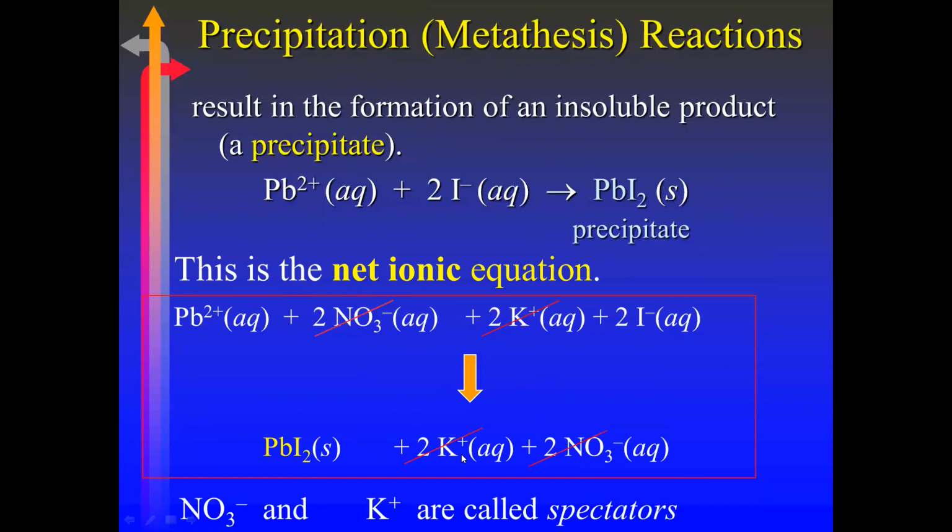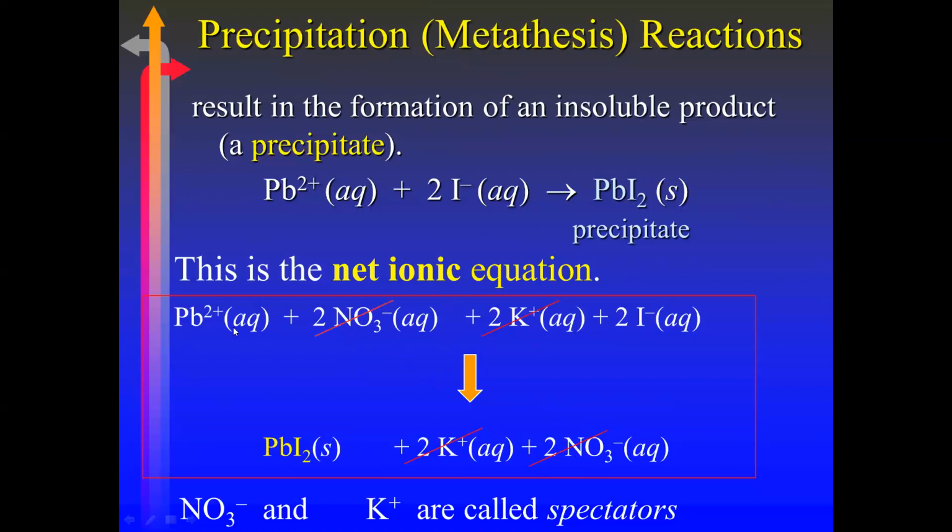On the product side, we also have 2 potassium ions and 2 nitrate ions. So that means they can be canceled out, like in math. If you have something on the left and on the right that is identical, it can be canceled out, right? Similarly here, the same principle, we can cancel out these common things on both sides.